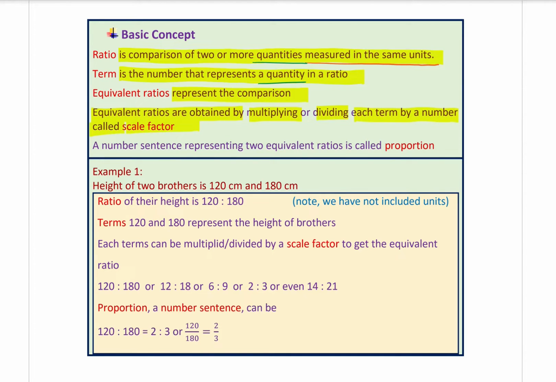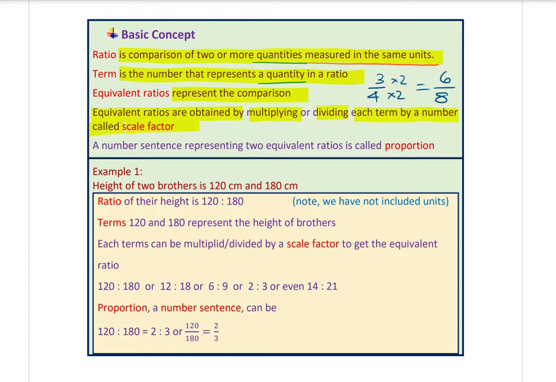So when we have ratios, for example, if I have a ratio which is 3 by 4, and if I multiply both by, let's say, 2, then 2 is your scale factor and I get 6 over 8, correct? So 6 over 8 is an equivalent ratio. And the scale factor in this case is 2, since both the terms were multiplied by 2. You get the idea, right?